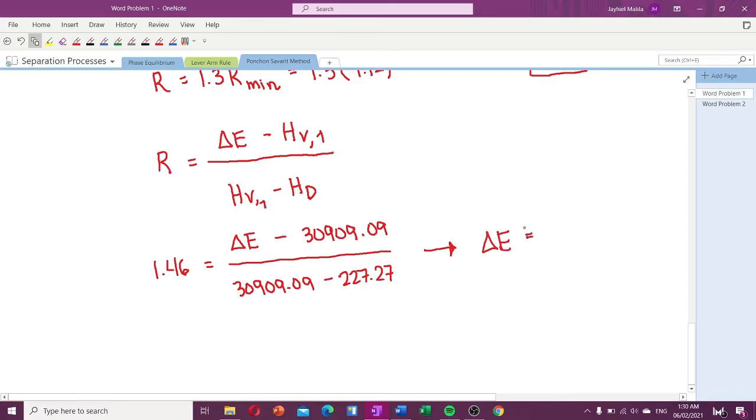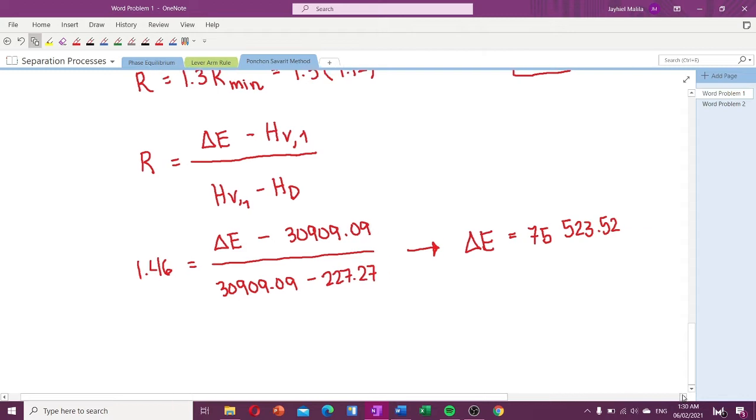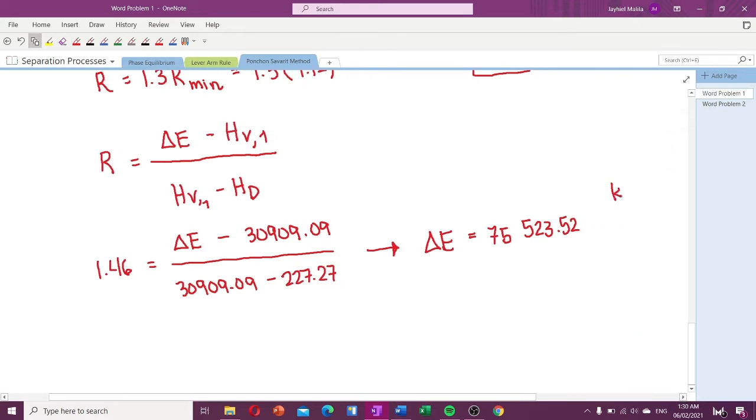If you solve for delta E, my answer is 75,523.52. Don't bother too much about the decimal points. It can just be 75,500 actually. That's fine, but I just prefer to be specific with my calculations.